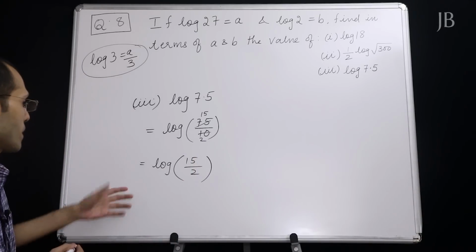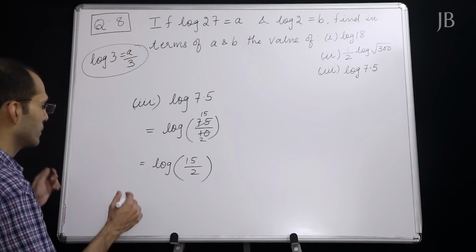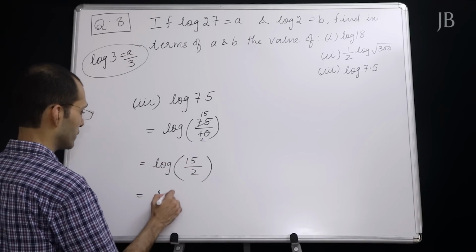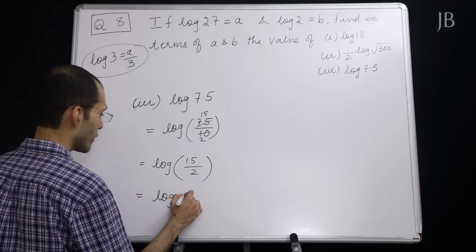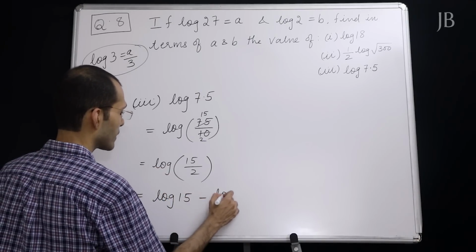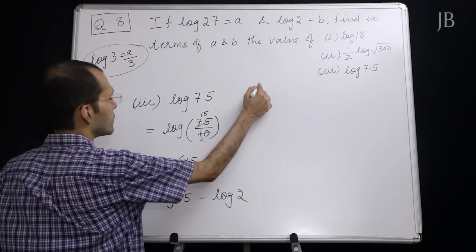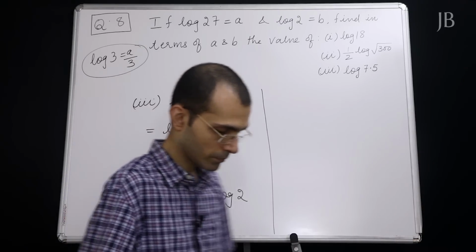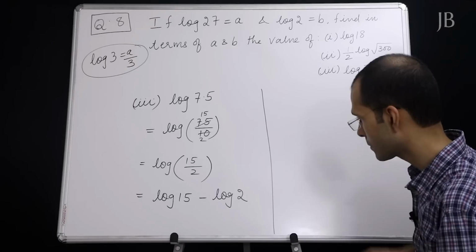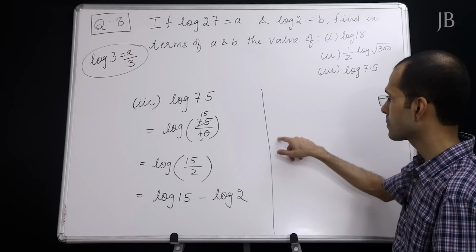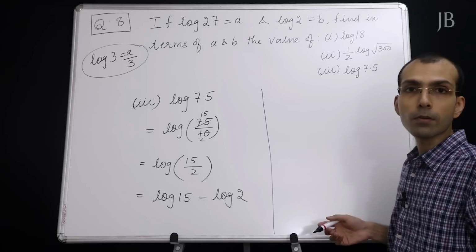Now what to do? This is log of a by b. So that will be what? Log a minus log b. So log 15 minus log 2. Now what to do?